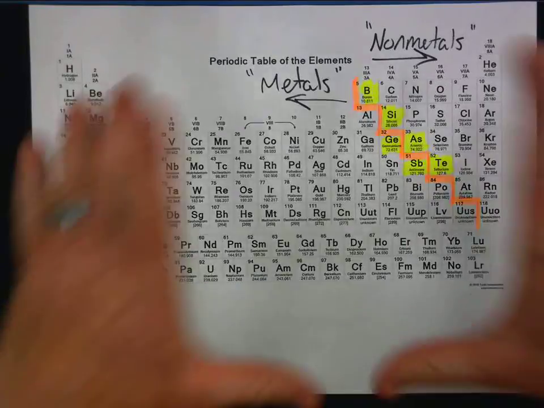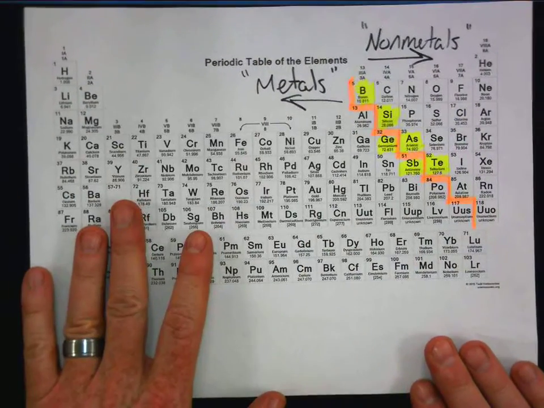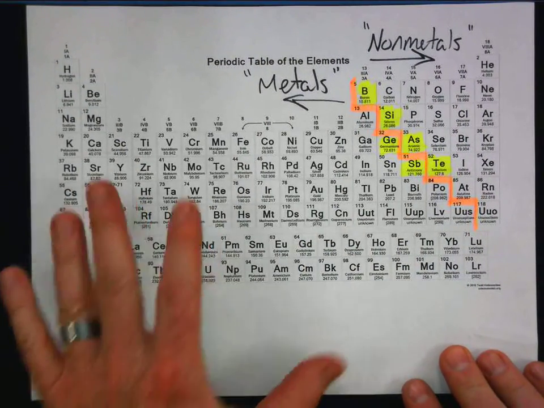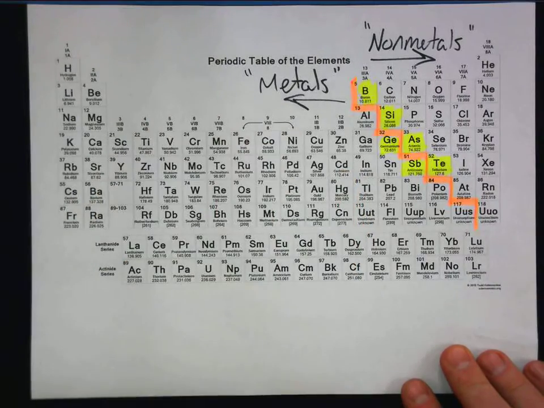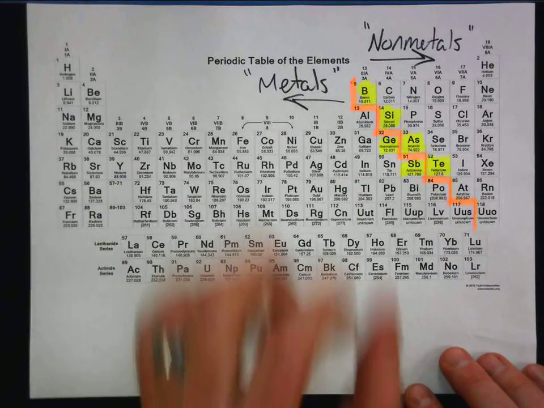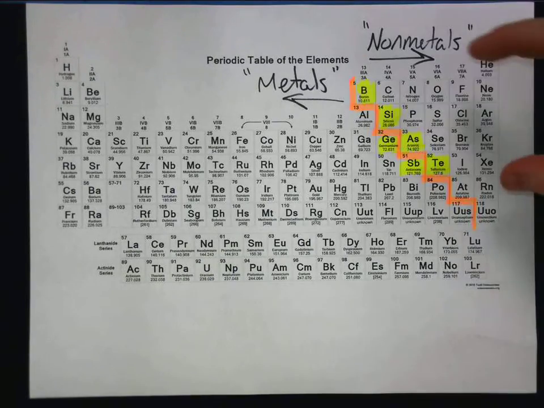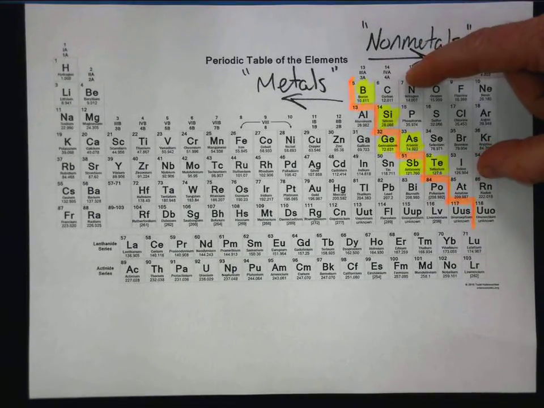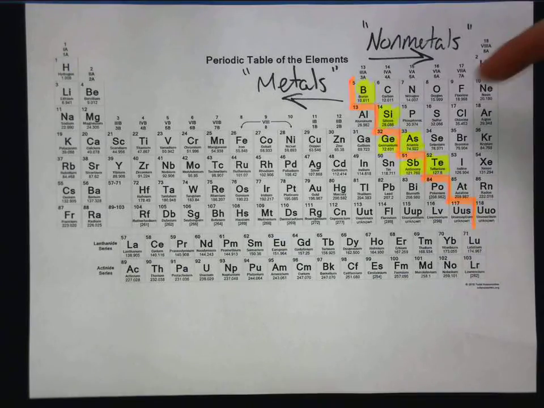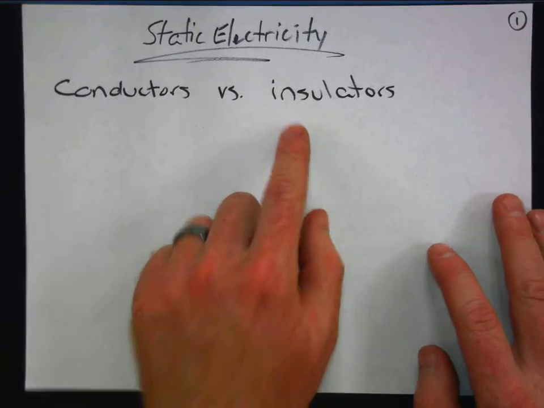But just very generally, no, you do not have to memorize this, but I want to show you that a large majority of the elements have metallic properties, and they are good conductors of electricity and electric charge, whereas a smaller number, typically, under typical conditions, do not conduct electricity. They're better insulators.